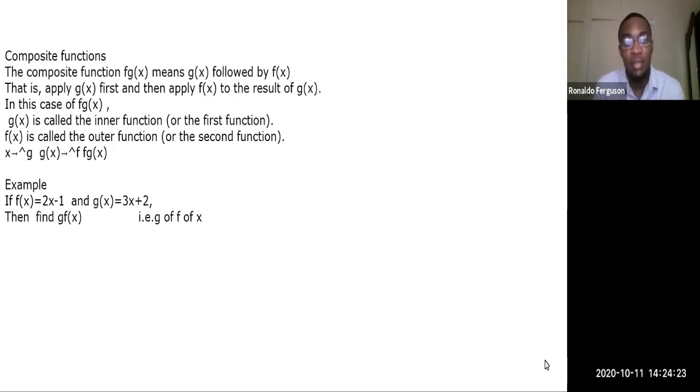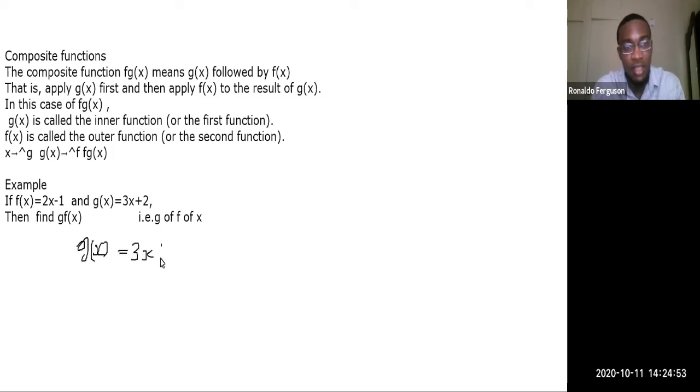So here's an example. It says f of x is 2x minus 1 and g of x is 3x plus 2. Find gf of x. So to find gf of x, this means we put f of x into g. So what we have is g of x is equal to 3x plus 2.